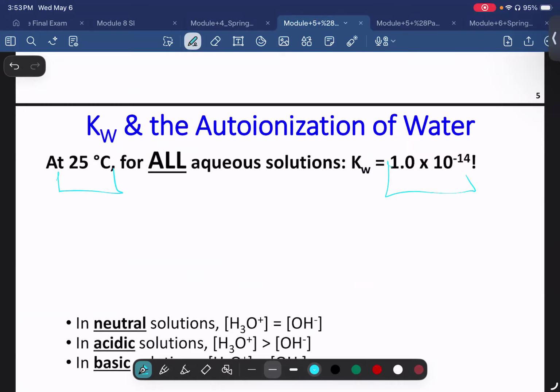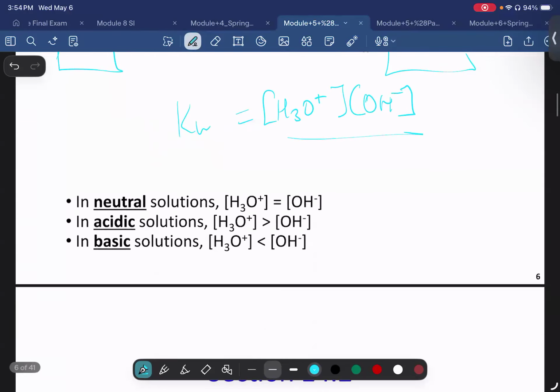The big idea is that Kw always equals the hydronium concentration times the hydroxide concentration. This is true all the time. What isn't true all the time is this product equaling 1.0 times 10 to the negative 14, because that is temperature dependent. But this formula is always applicable, so that's why it's really important.